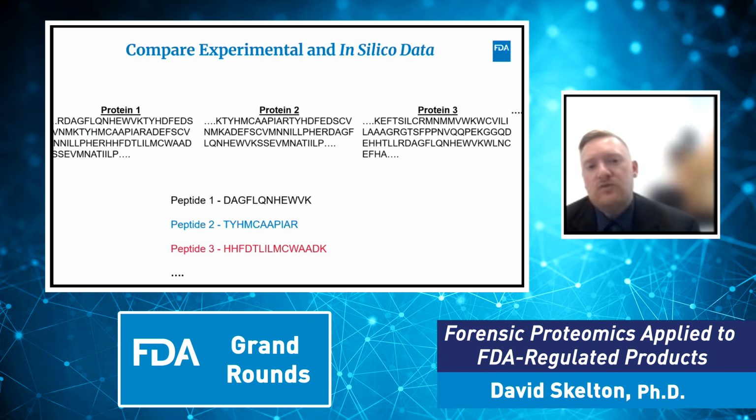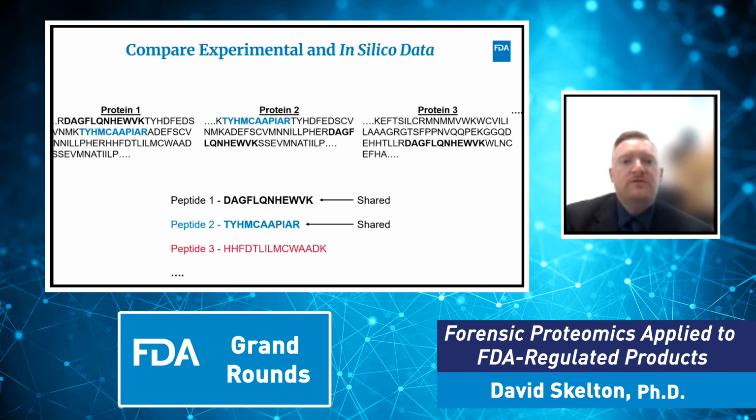And in this case, what we do is if we have our peptides that weren't mapped to HSA, shown on the bottom here, peptide 1, 2, and 3, and we subject this to an untargeted search across a large protein database, what we can see is the first two peptides, those amino acid sequences are observed in multiple proteins in the database.